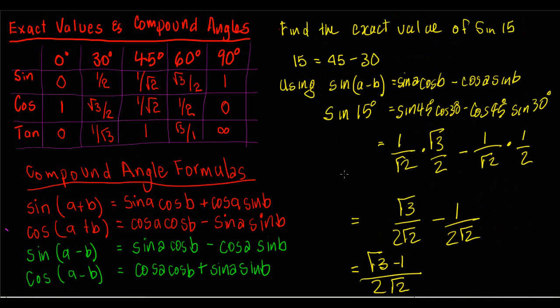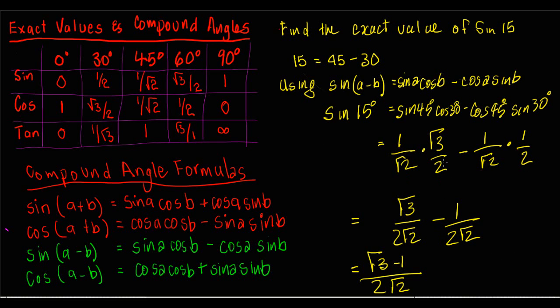Here's another one. Find the exact value of sine 15. Now 15, of course, is 45 minus 30. So using sine A minus B, sine A cos B minus cos A sine B, sine 15 equals sine 45 cos 30 minus cos 45 sine 30. 1 over root 2 times root 3 over 2 minus 1 over root 2 times 1 over 2, or a half.